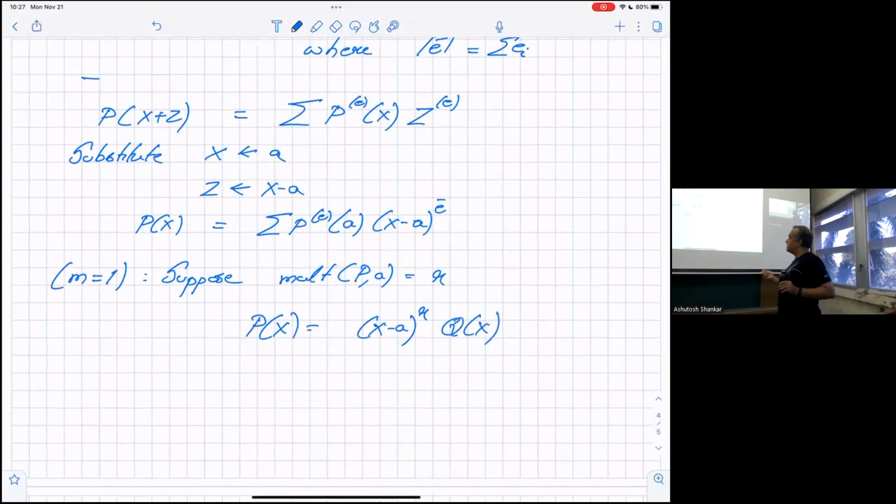So the multiplicity is at least r. That means P vanishes at least r times at the point. So it captures the exact notion.